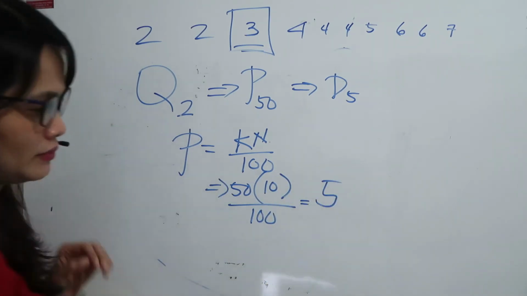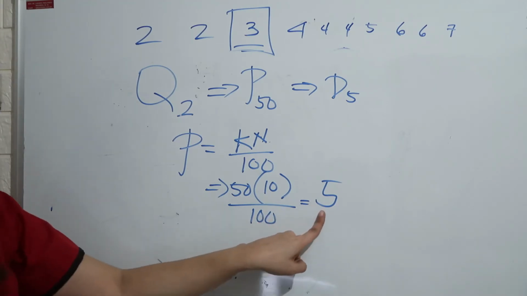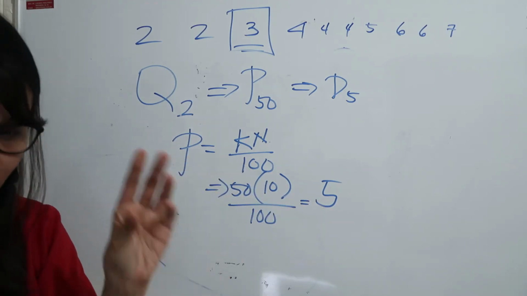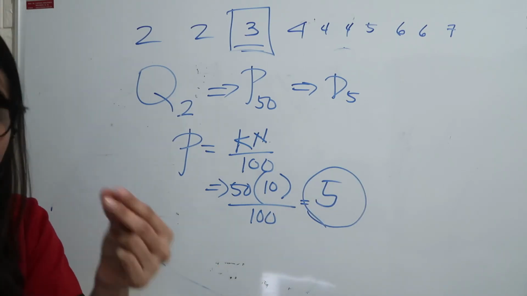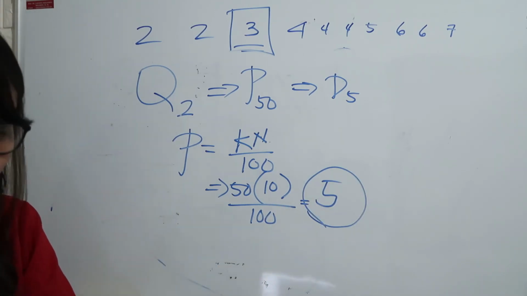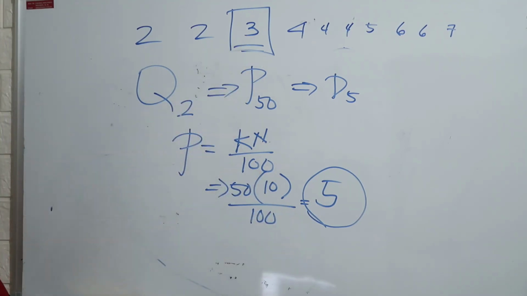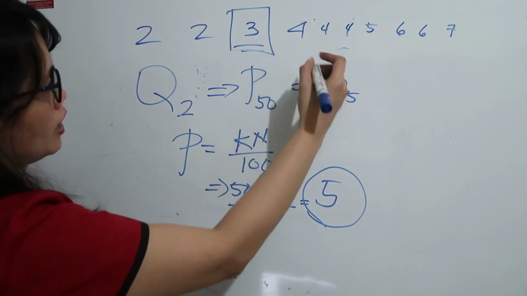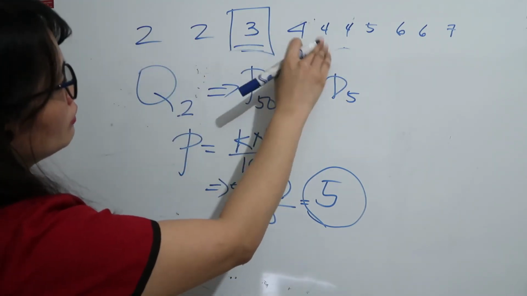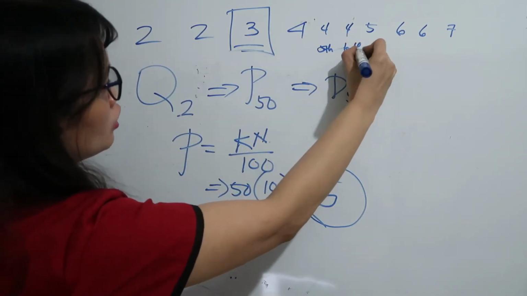Okay, fine. If your answer is a whole number, take note of the condition. You need to get the average of your fifth number and your sixth number. In this given data, what is your fifth number and your sixth number? Okay, 4. So this is your fifth number, and this is your sixth number.